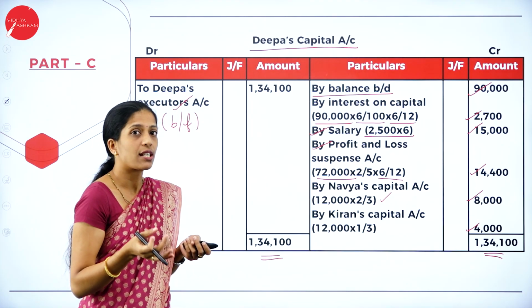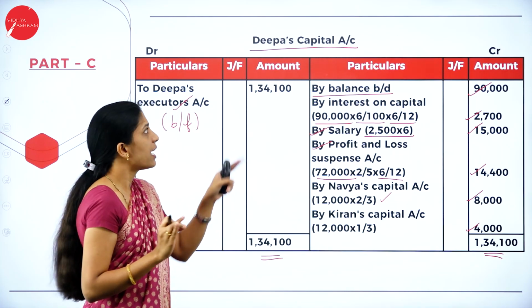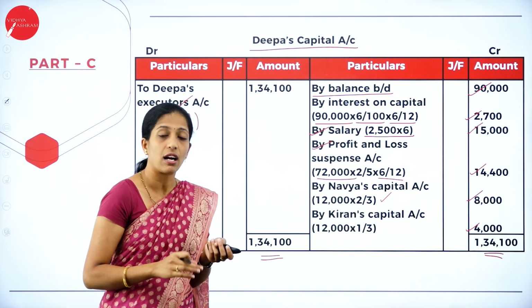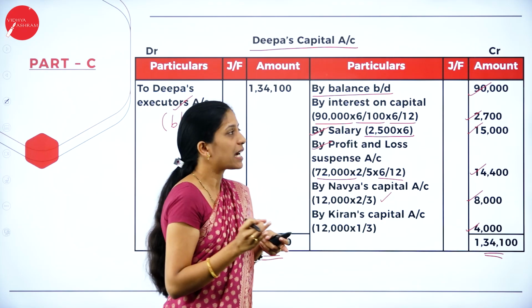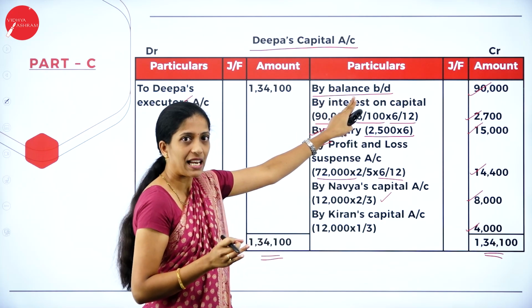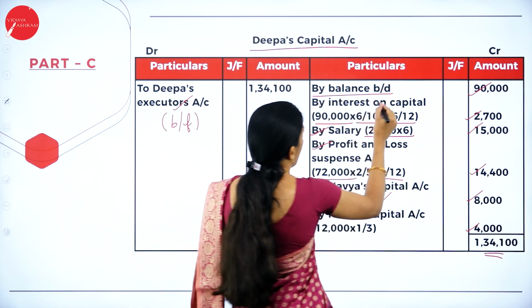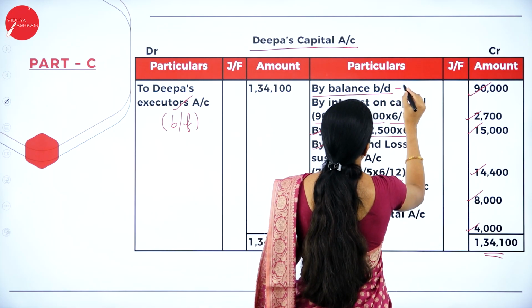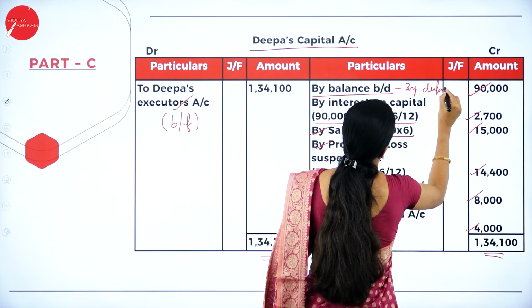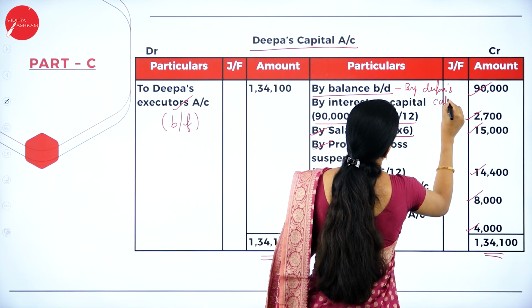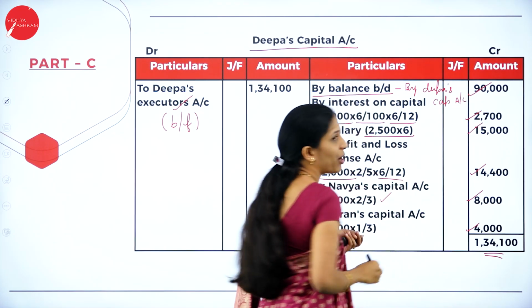So what are the changes? So they will 100% ask either deceased partner capital account or deceased partner executor's account. So when it is deceased partner capital account, you will take it as by balance brought down here. So if they ask executor's account, then you will take it as by Deepa's capital account. By Deepa's capital account, you will take the same amount here.